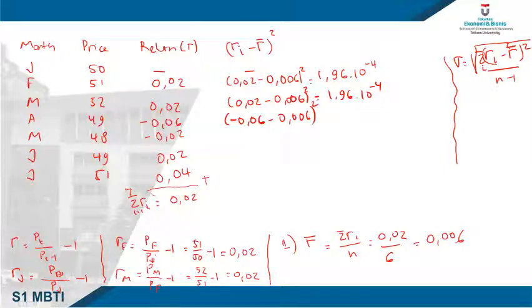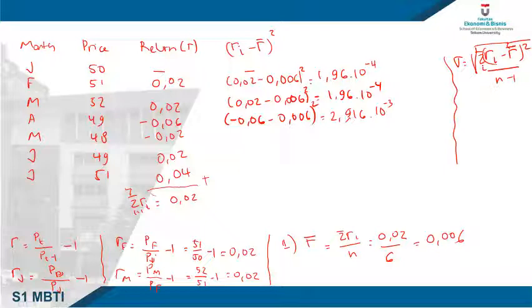Right, minus 0.06 minus 0.006 squared is 2.916 times 10 to the minus 3. Where did the minus go? The minus went away because it's squared over here. Minus times minus is plus.